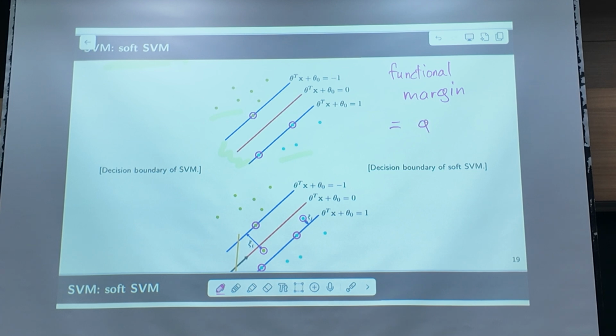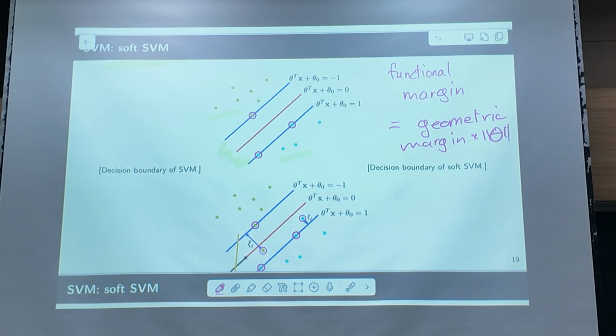It's geometric margin times the norm of theta. Okay? Who can tell me what the functional margin of this thing is?